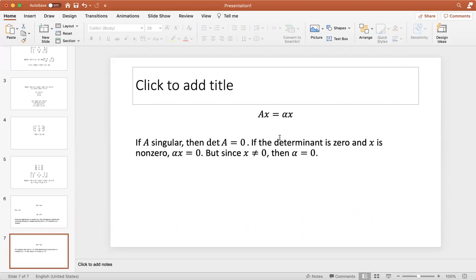Similarly, if A is singular, then the determinant of A must be 0. So if the determinant of A is 0 and X is non-zero, the right-hand side must be equal to 0. But the only way for the right-hand side to be equal to 0 is if alpha is 0. And therefore, that completes the proof for number 3.